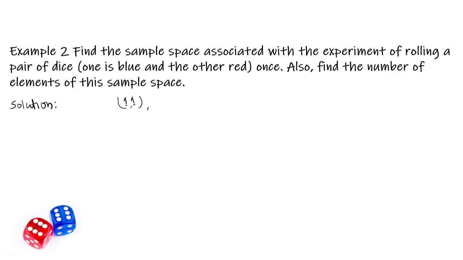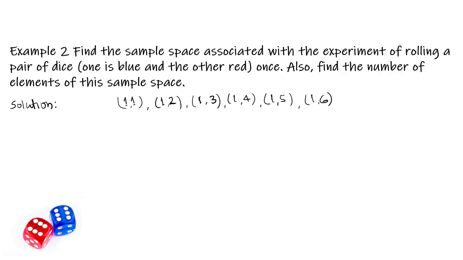When the blue die shows 1 and the red die shows 2, then our outcome is (1,2). Blue die shows 1 and red die shows 3, then the outcome is (1,3). Then (1,4), (1,5), and when the red die shows 6, the outcome is (1,6).